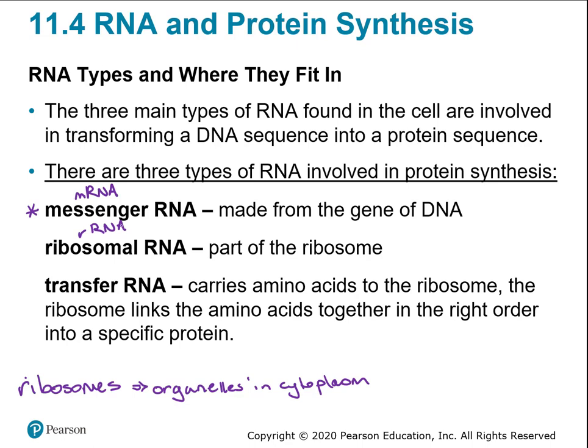And it's these ribosomes that actually build proteins. So they're really the protein factories, the protein synthesis factories. They're the ones that take two amino acids and put them together.